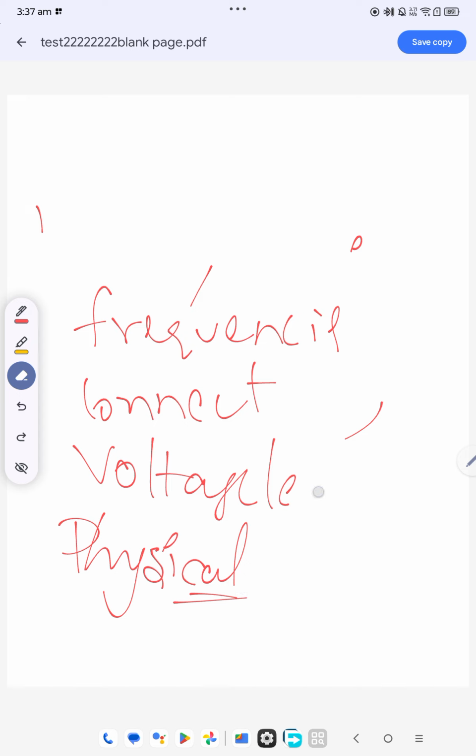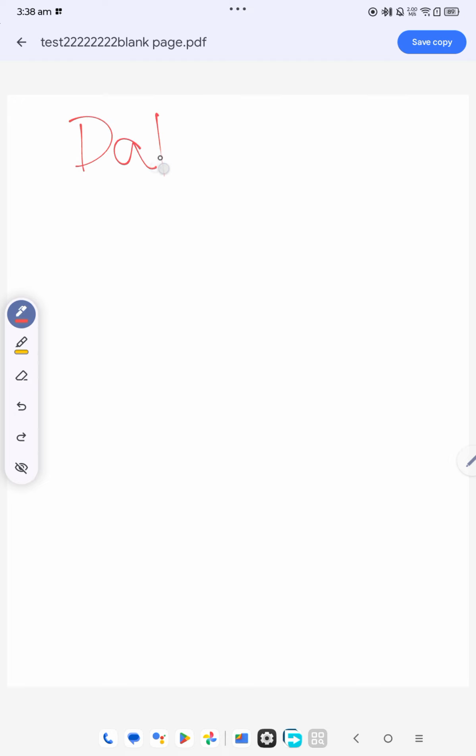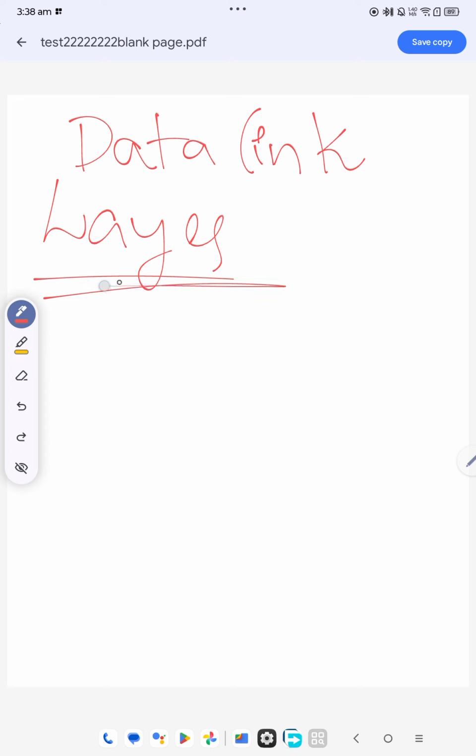Layer 1 is the physical layer. Now we discuss layer 2, the data link layer. It handles communication within a single local network using the MAC address.